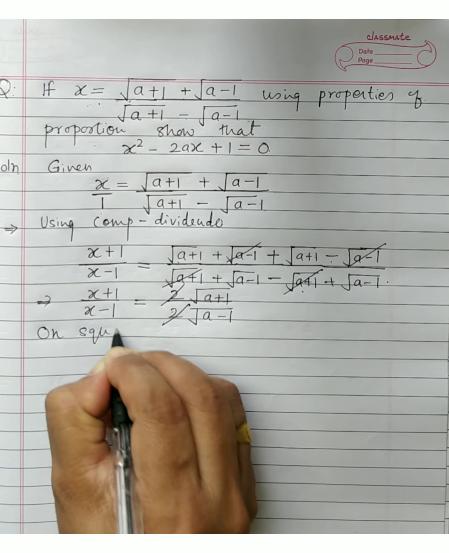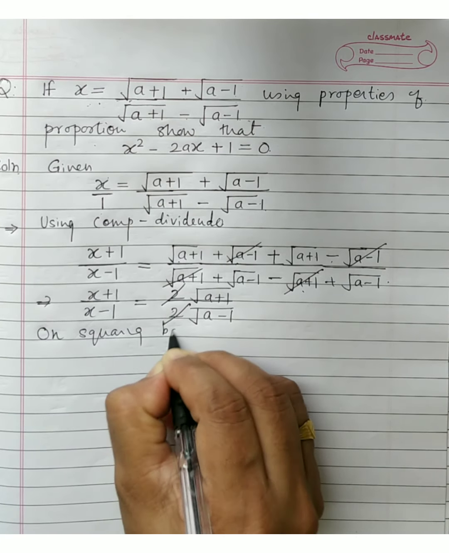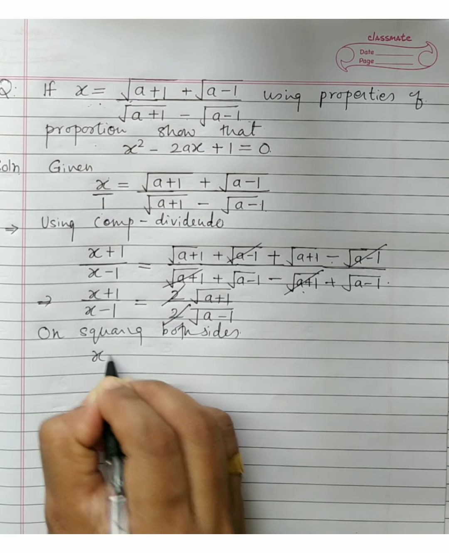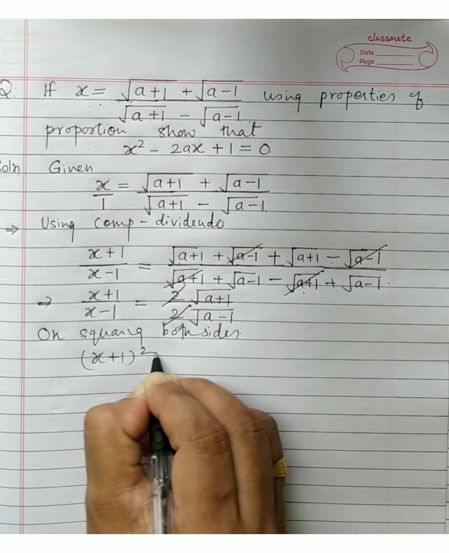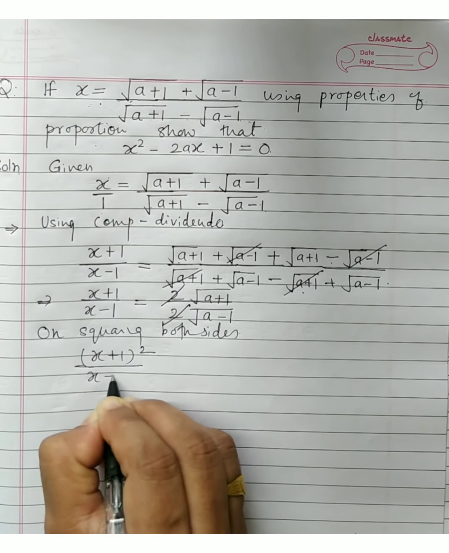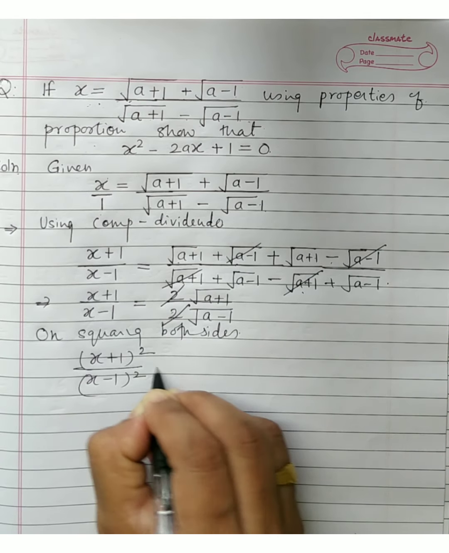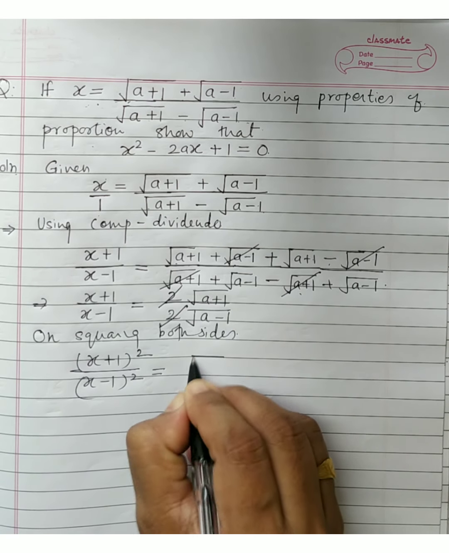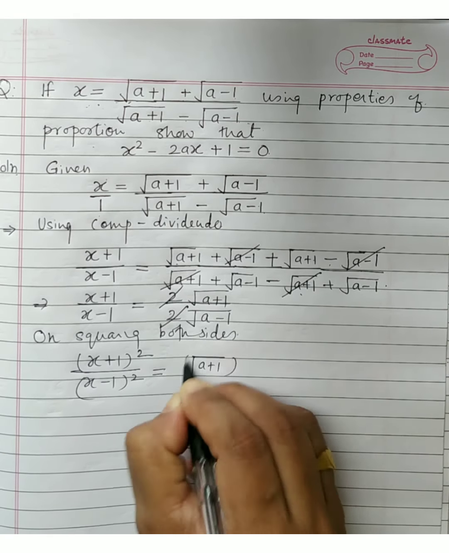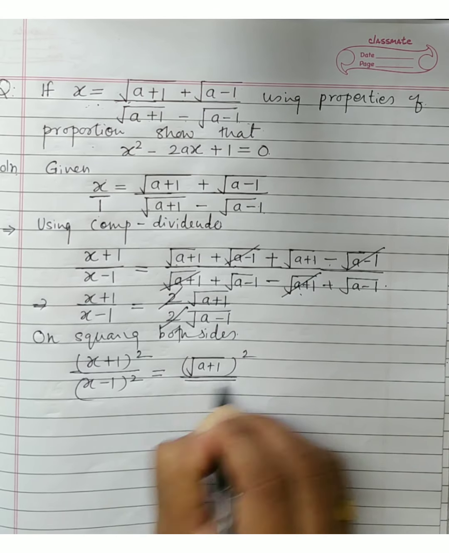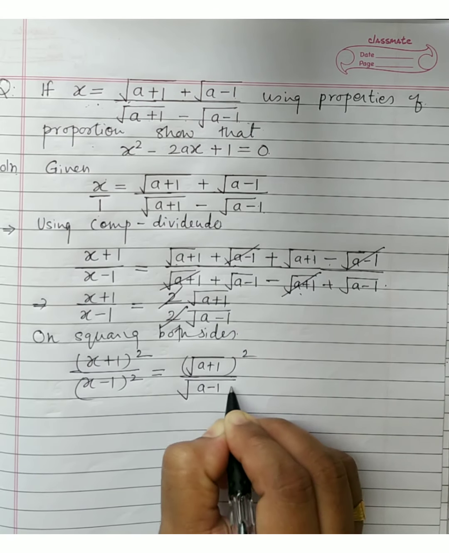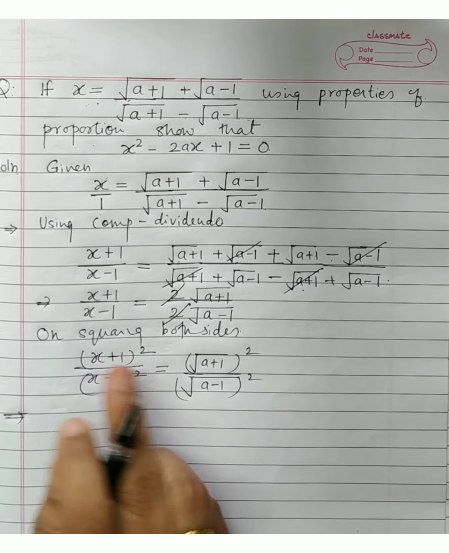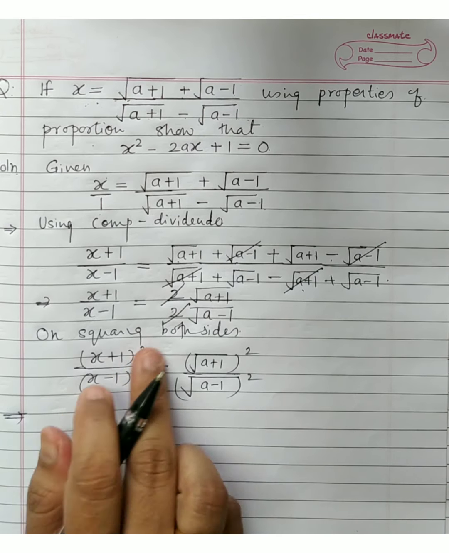So on squaring both sides, what do you get? (x+1) whole squared upon (x−1) whole squared, and on the right the whole thing is getting squared, so (a+1) upon (a−1). Here I will use the (a+b) whole square formula.